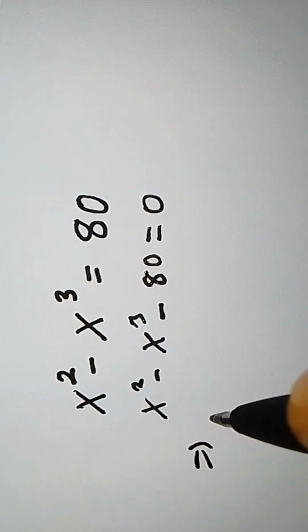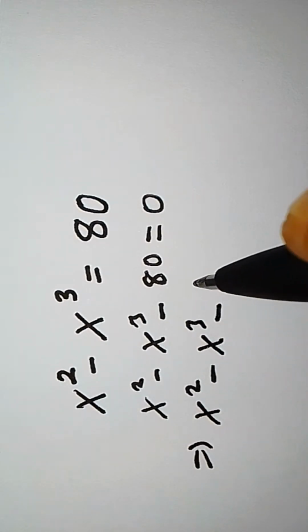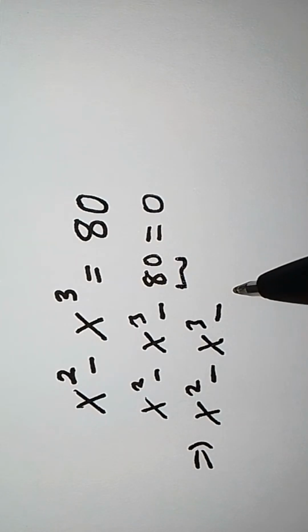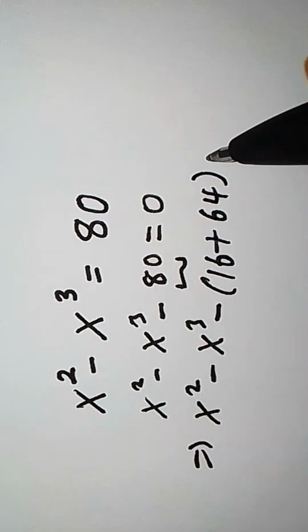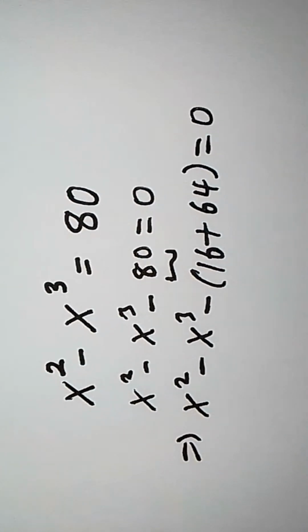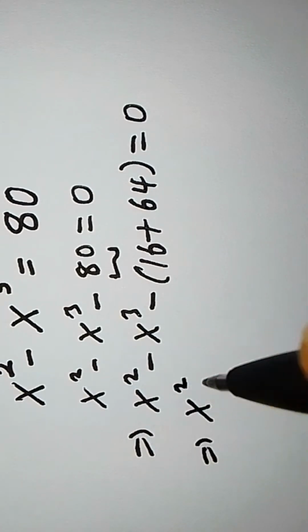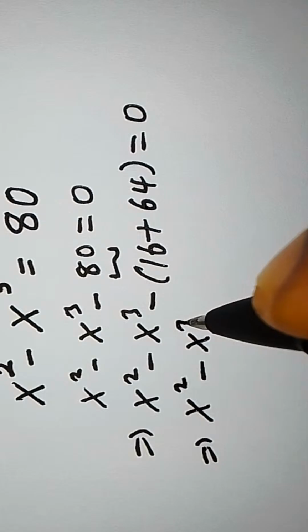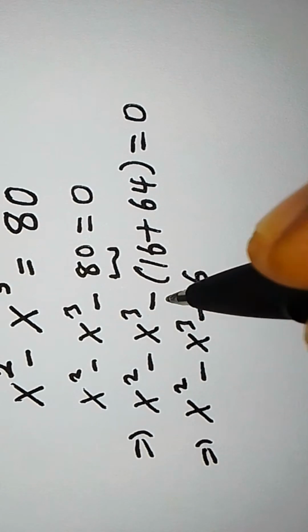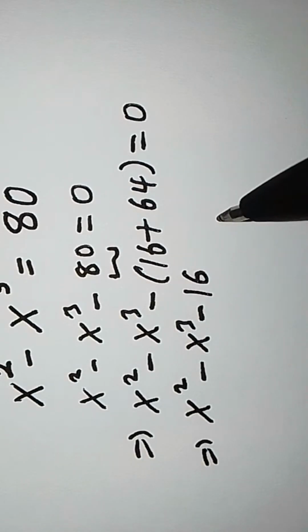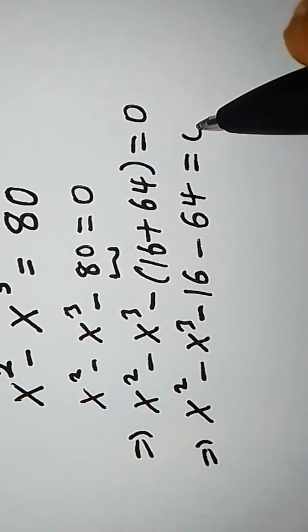This means that x squared minus x cubed minus 80 could be written as minus 16 plus 64 equal to 0. Let's proceed further. This means that x squared minus x cubed minus 16, minus 64 equal to 0.